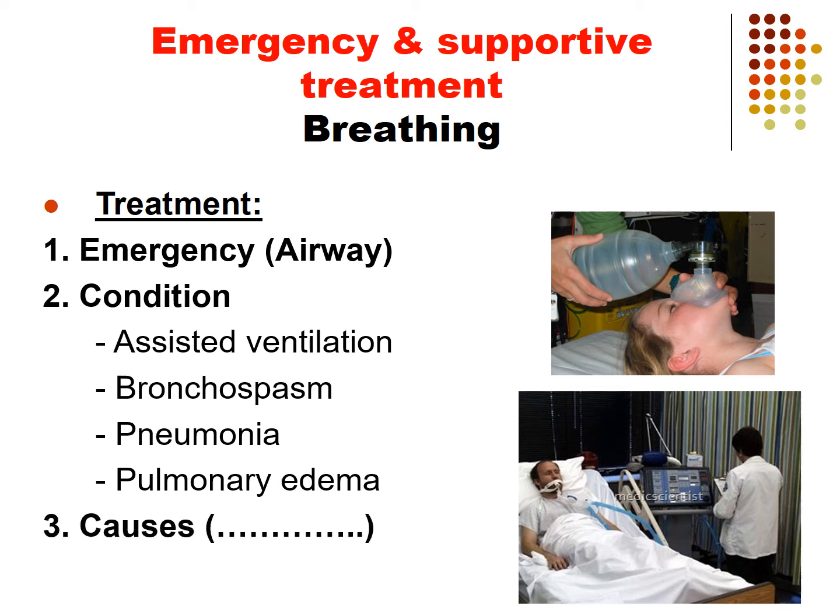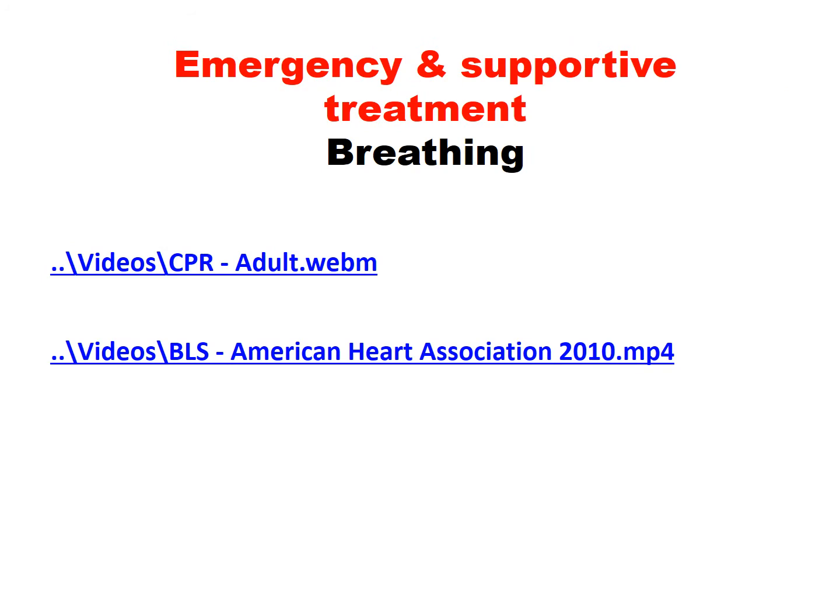Search for the causes and the complications and deal with them. These videos are very important to clarify the idea of how to deal with breathing problems and how to perform CPR in a proper way.